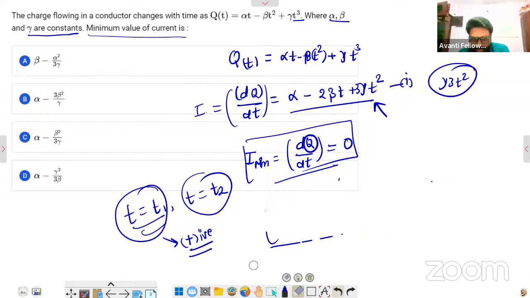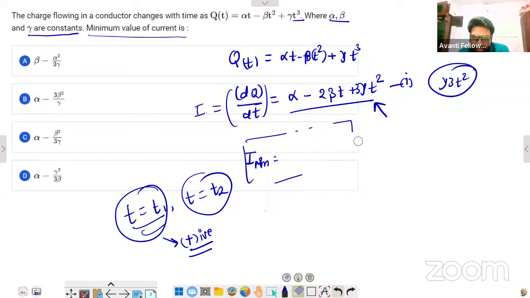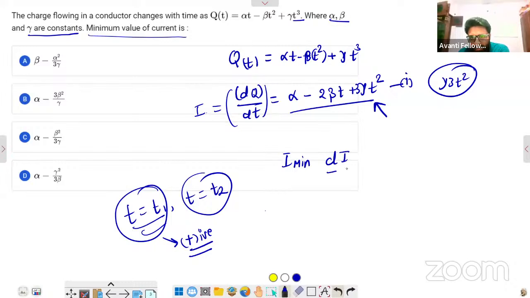Look, we need the minimum value of current. And for whatever thing we need the minimum value of, we put its rate of change with respect to time equal to 0. So in this case, when we want I to be minimum, di by dt should be 0.